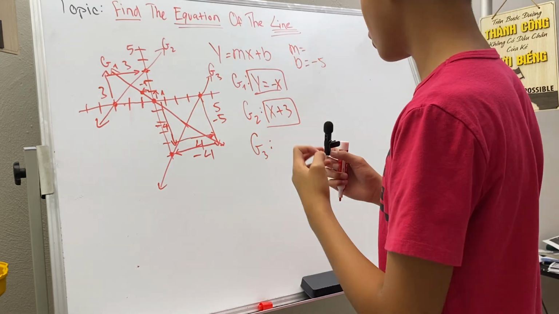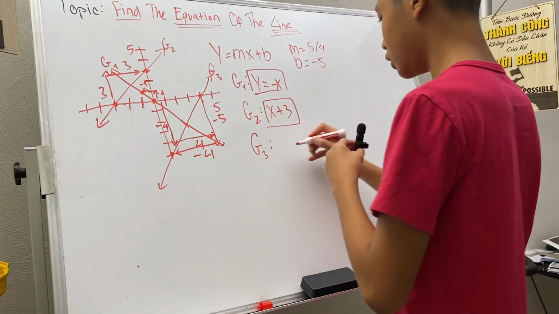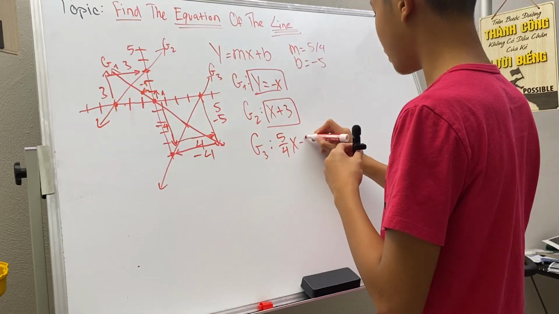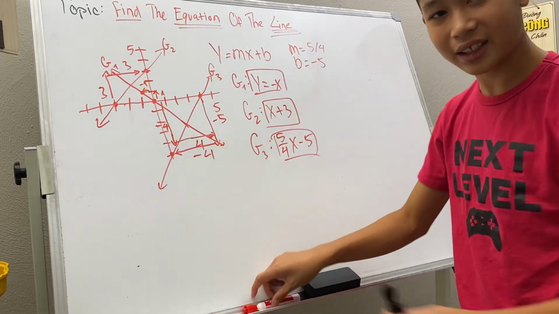So negative 5 over 4, so basically the slope is -5/4. So it's y = -5/4 x - 5. That's it.